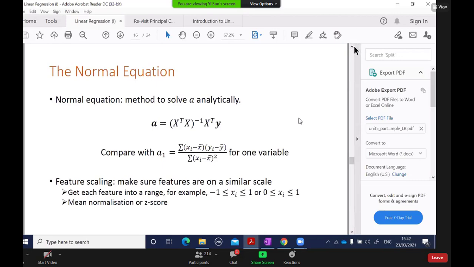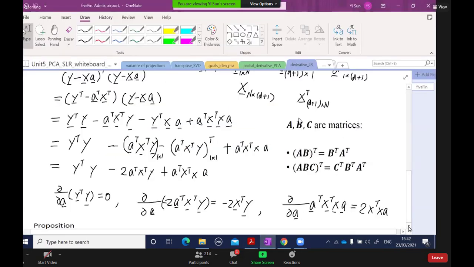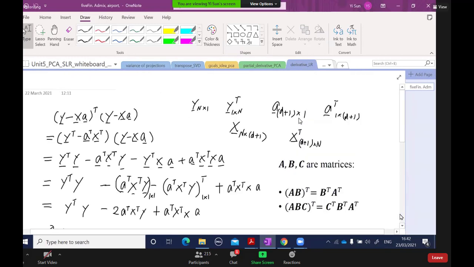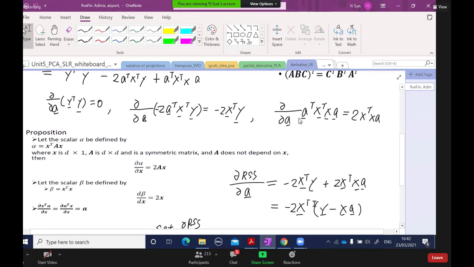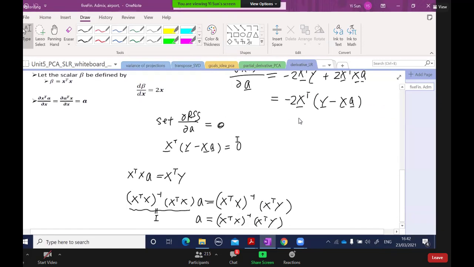So how do we get it? Okay, now I can see it better. When I write it down here, I set it to 0, and that is what I get. To get A, I want to cancel this term from the left-hand side.